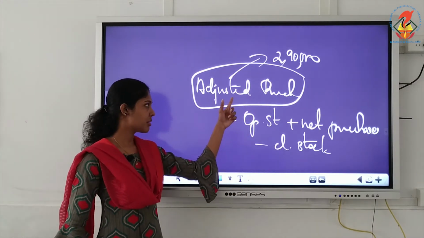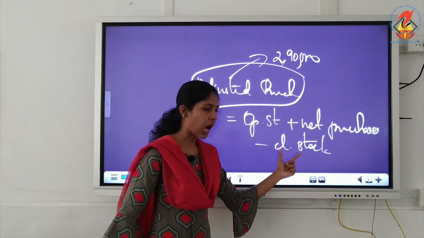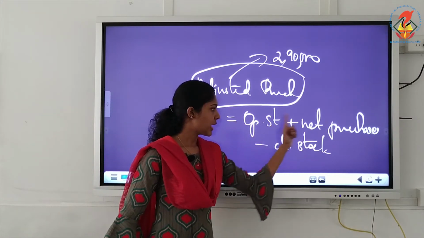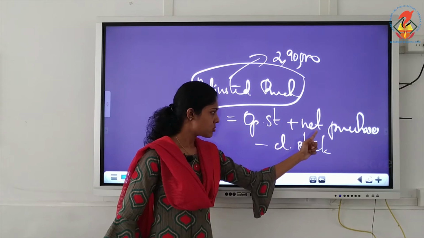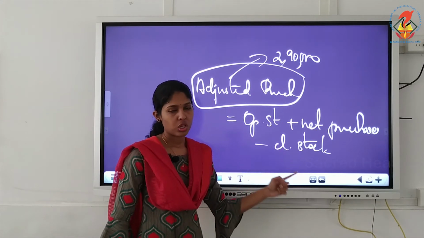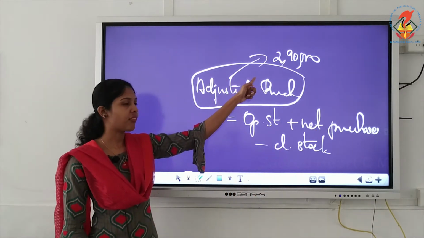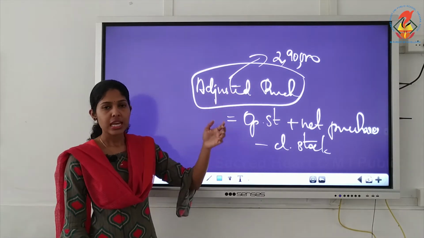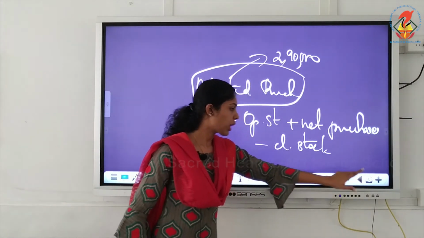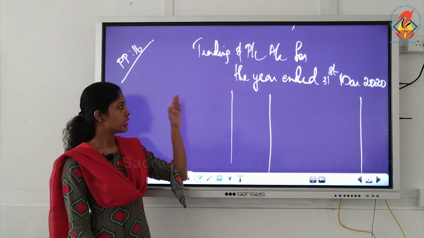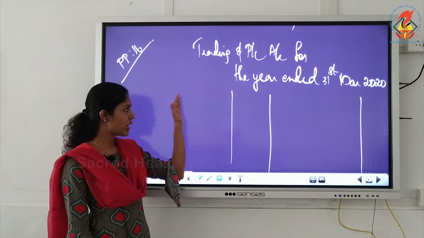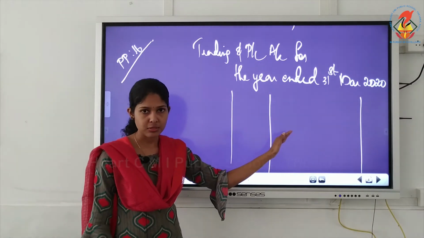Understood? Because this is the formula. Three items are getting adjusted, that is opening stock, then the purchases and the closing stock. So, opening stock is already included in this 2,90,000. Again, no need to write To opening stock.